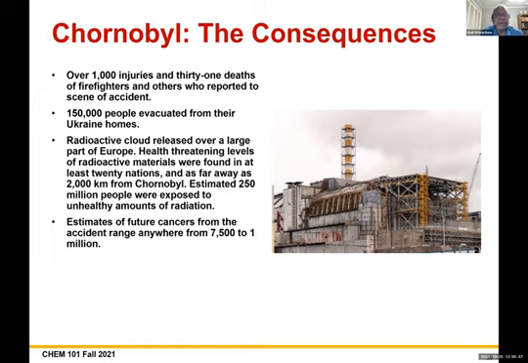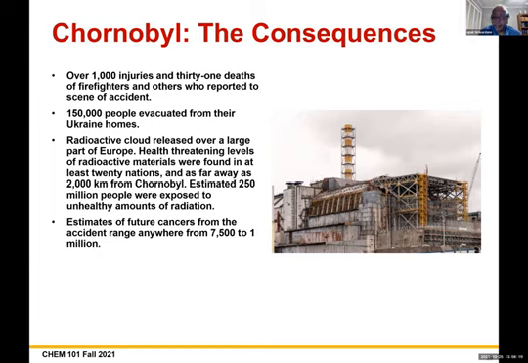A radioactive cloud was released over a large part of Europe. Estimated future cancers from the accident range anywhere from 7,500 to 1 million.